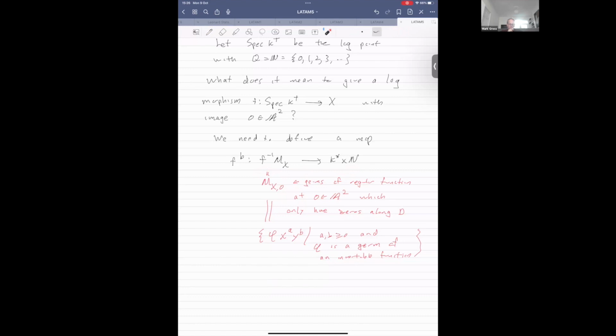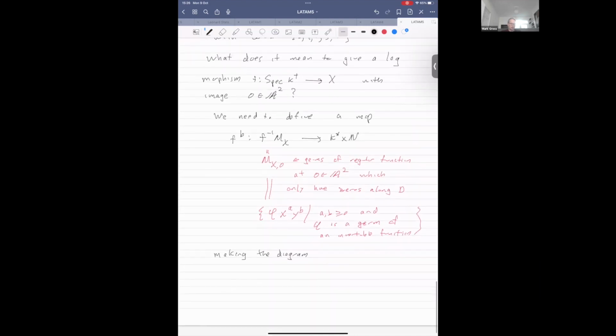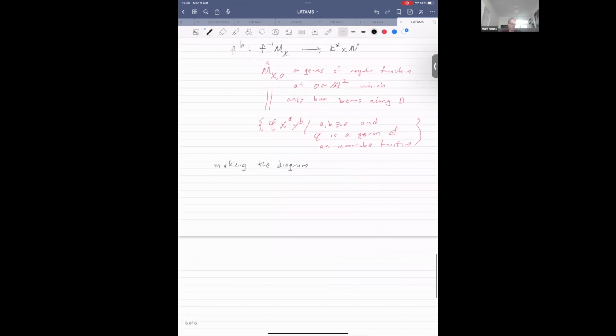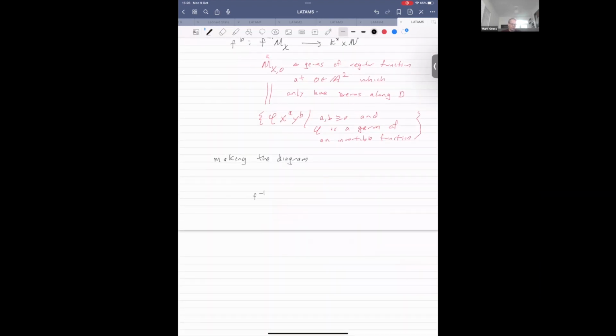Okay, well, we have a little bit more, because remember, we also need this commutative diagram. So what's the diagram we need here? We have F inverse MX going to k star cross N, going down to O, well, again, this would be F inverse of OX, which is the same as the stalk of OX at 0, so just germs of regular functions.